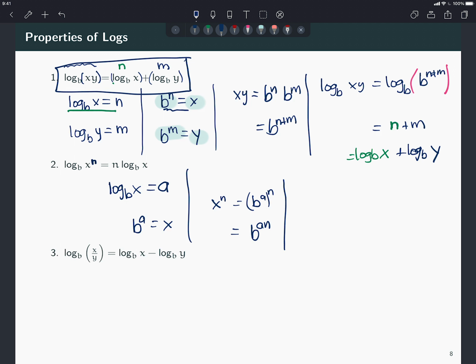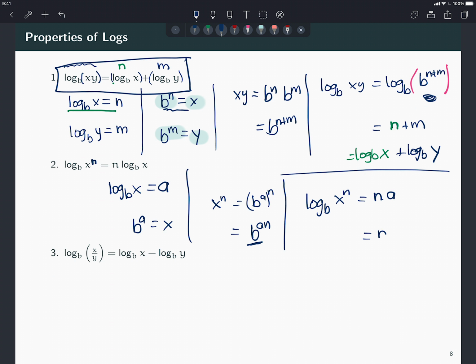And there you go. That means that the log base b of x to the n is nothing else but what power I need to raise the base b to get x to the n. It's just the power a n, right? Let me write it backwards, as n times a. Why?